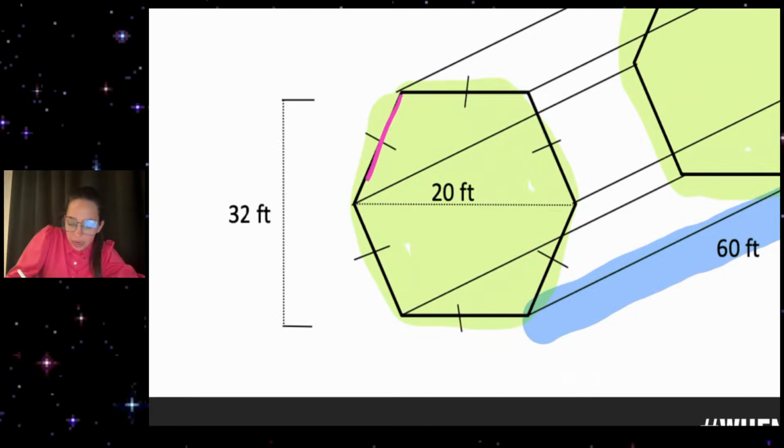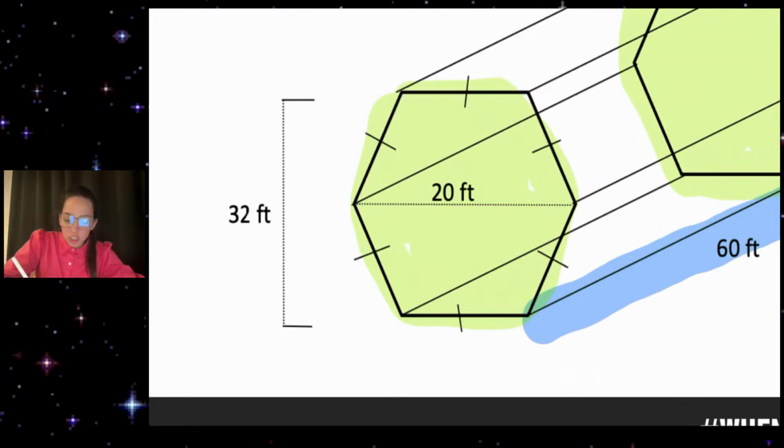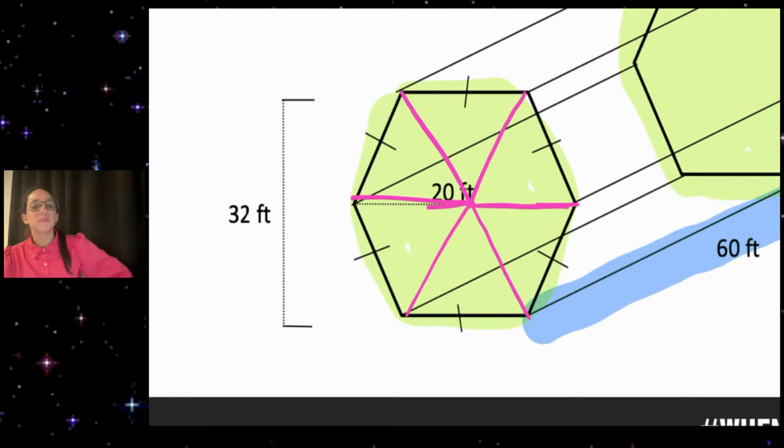I can do the area of a trapezoid and then multiply that times 2, because this is my first trapezoid and this is my second trapezoid. Or, in a regular hexagon, I have 6 triangles that are all the same size.